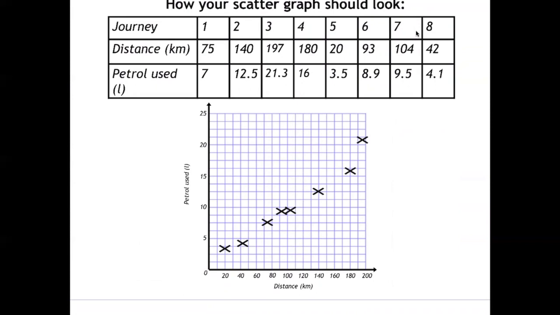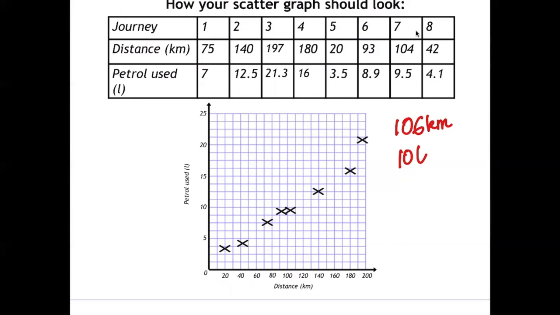All right, so in terms of those numbers, we've got the total journey was 851 kilometers, which is an average, and yes, we're going to go to just one whole number, 106 kilometers. And the petrol consumption, well, the total consumed was 82.8 liters. And if we divide that by 8, we get 10.35. So we're just going to go for 10 liters on average used in each of those journeys.